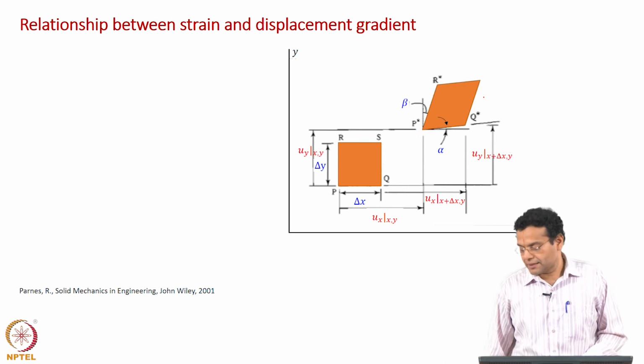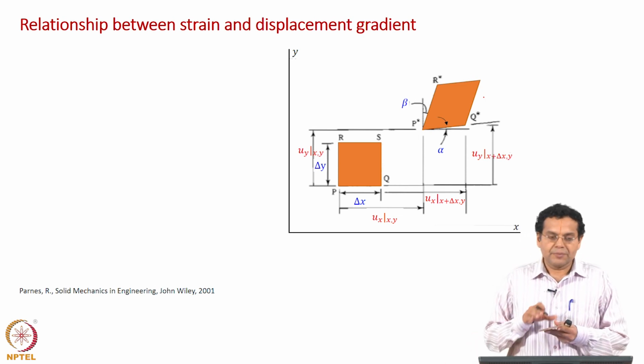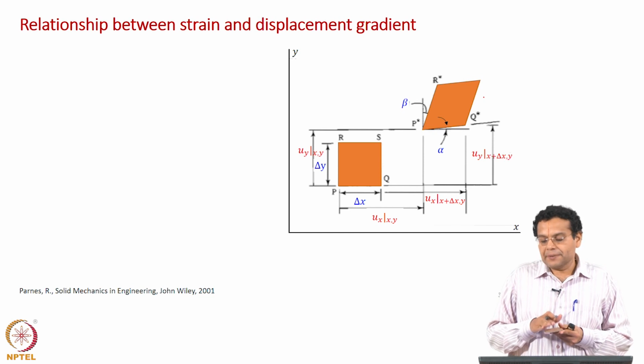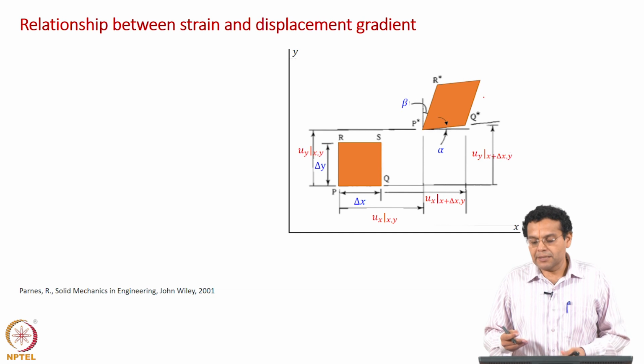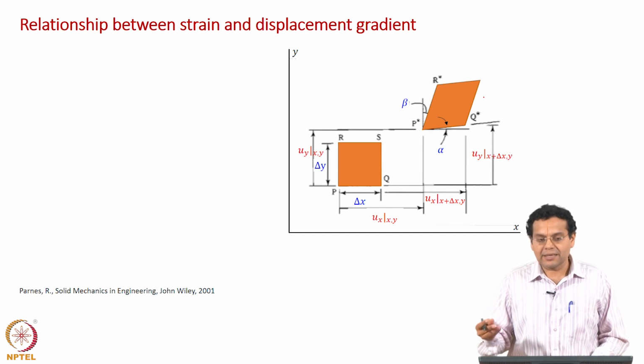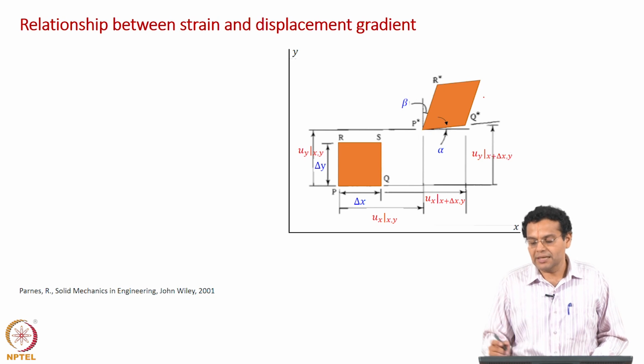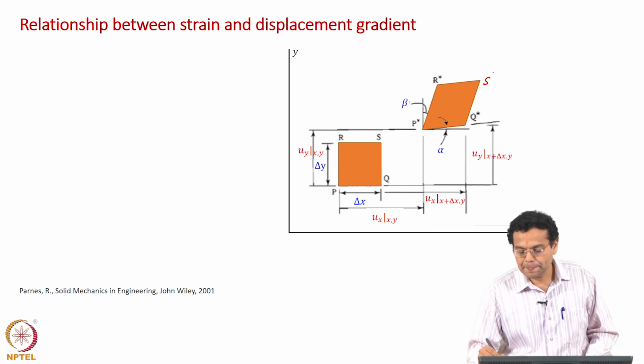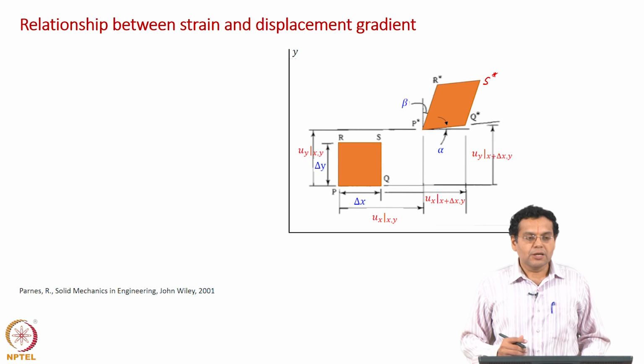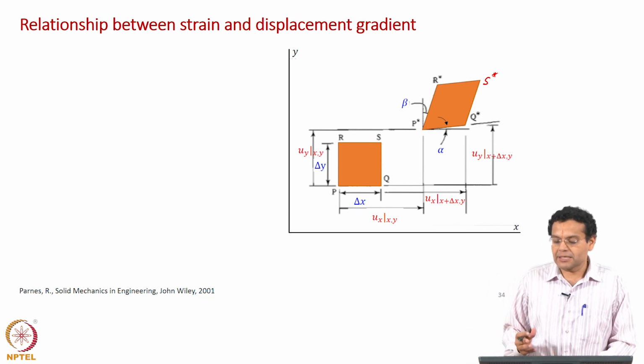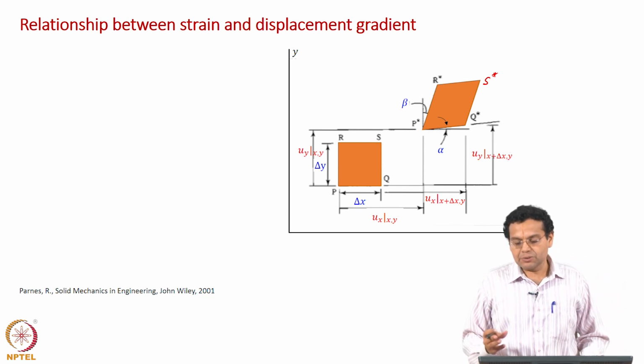Now, this plate is subjected to a force and it has taken a final state denoted by P star, R star, Q star. S star is not denoted because it is not important for us, but that boundary is S star. So, plate PQRS has become P star, R star, Q star, S star.